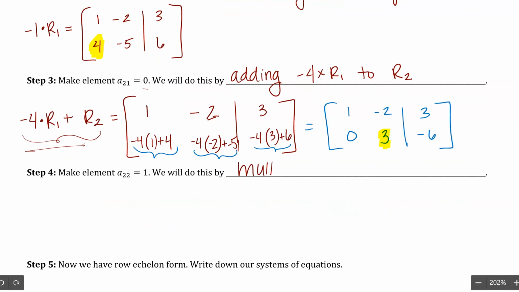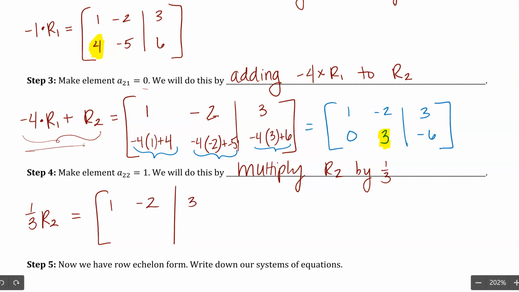So we can multiply row 2 by 1/3. So 1/3 times row 2: row 1 stays the same, so I'm just going to copy it down, and then everything in row 2 gets multiplied by 1/3. So 0, 1, -2.